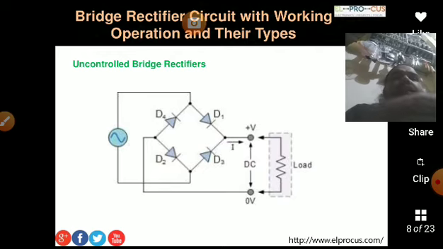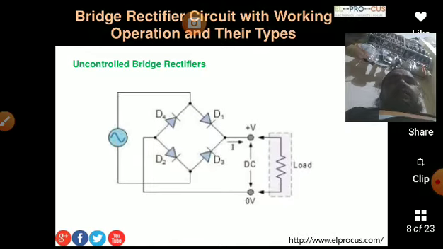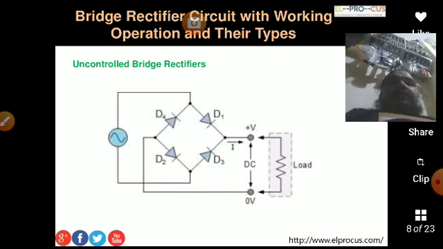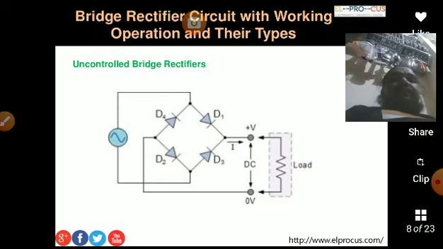In the circuit diagram shown above, there are four diodes, D1, D2, D3, D4. When diodes D4 and D3 are forward biased, diodes D1 and D2 are reverse biased.